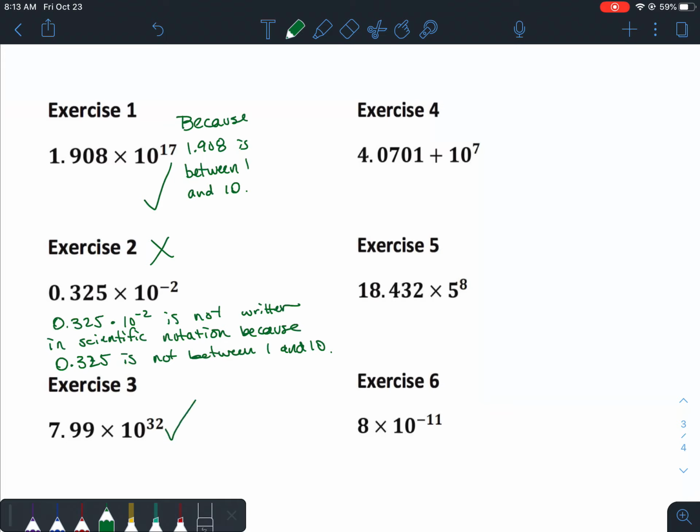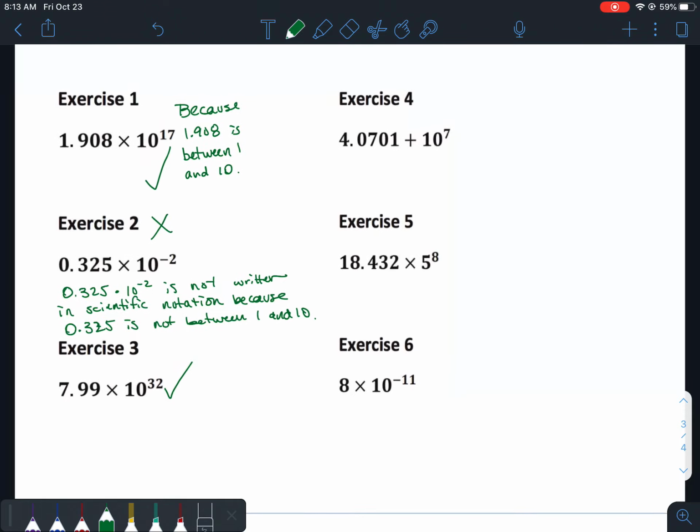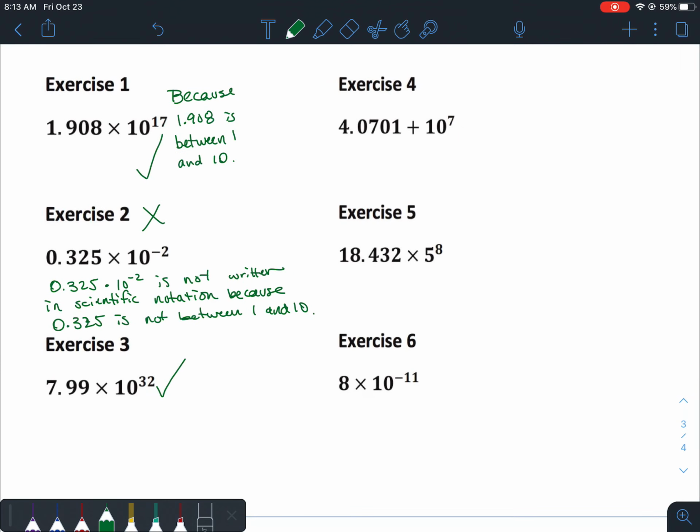Exercise 3. It is correct scientific notation. 7.99 is in between 1 and 10.